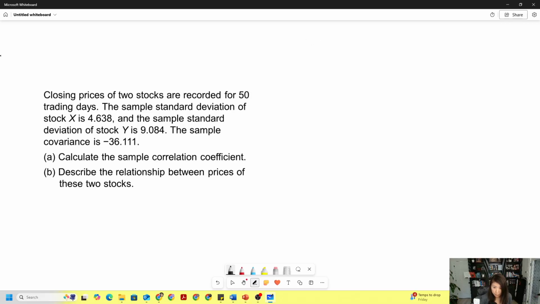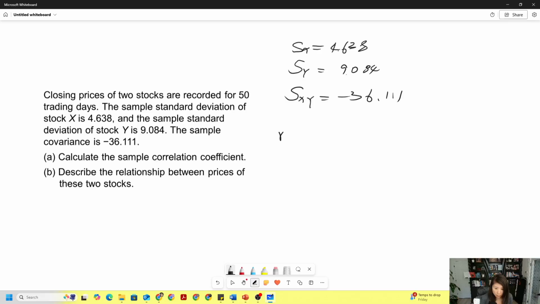Make sure my notation is consistent. So Sx is equal to 4.638, and Sy is equal to 9.084. And then the last one is my covariance, Sxy, equal to negative 36.111.